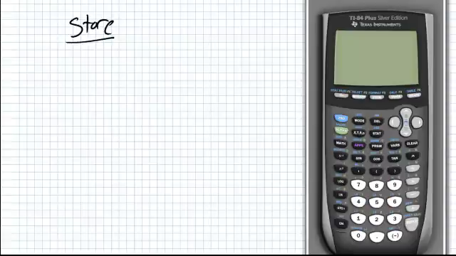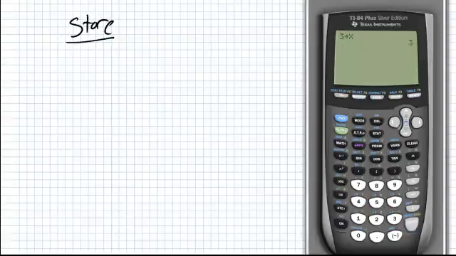Now I want to let you in on a secret trick of your calculator. This is called the store button. The store button allows us to store any number we want into a variable. So let's say, for instance, I want to store the number 3 whenever I see an X. What I do is I hit 3, store, X, enter.